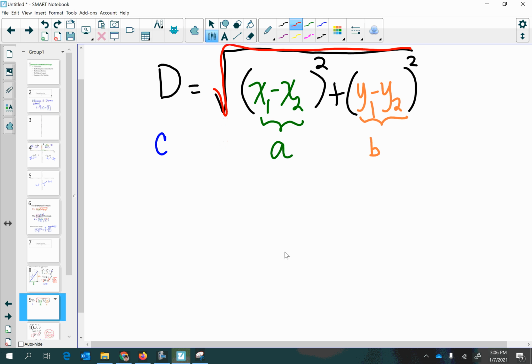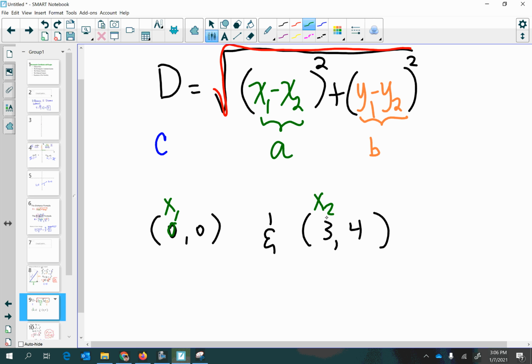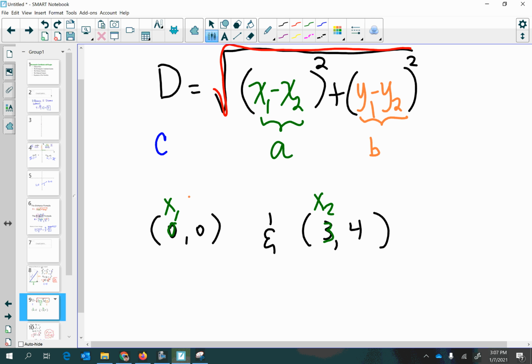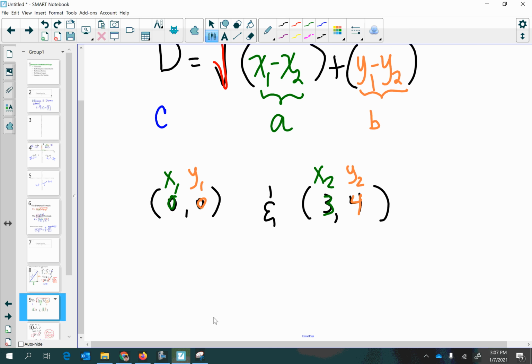Now let me prove it to you using the coordinates that I had. I had the coordinates 0, 0, and 3, 4, right? So my x1 could be 0, my x2 could be 3. For my y coordinates, my y1 could be 0 and my y2 could be 4. So using the distance formula, if I had it memorized, would just work out.